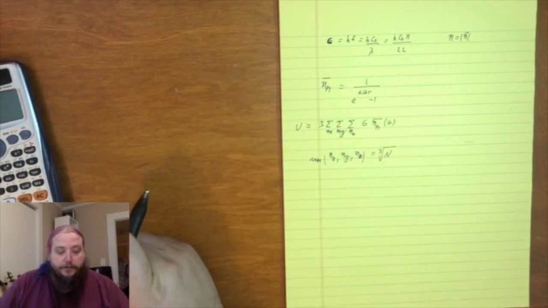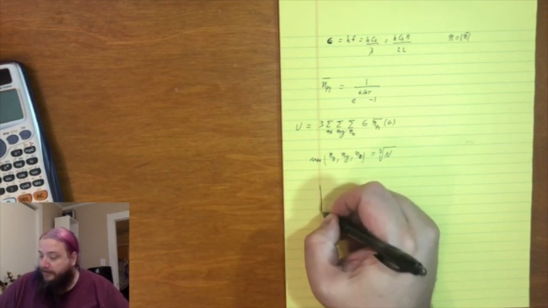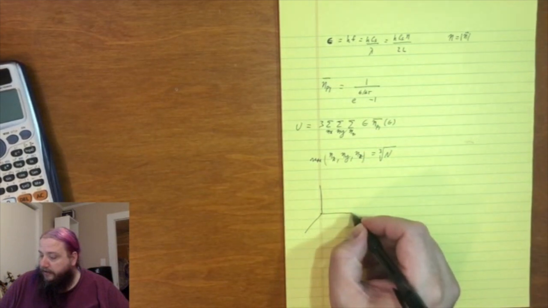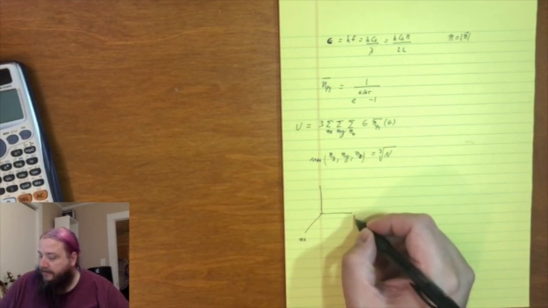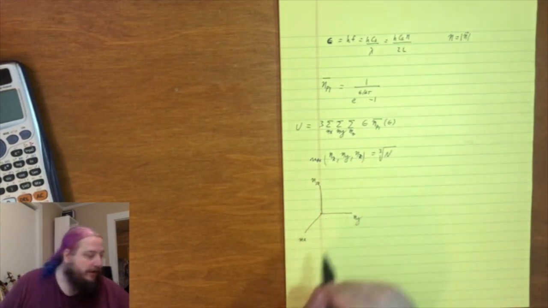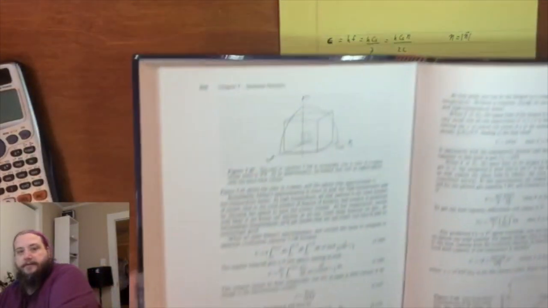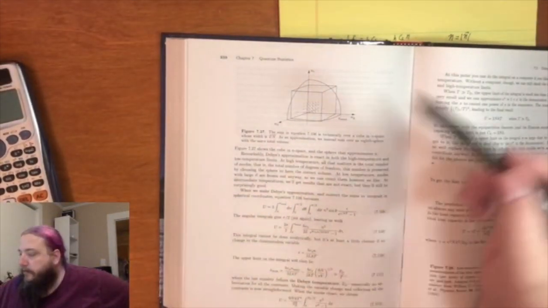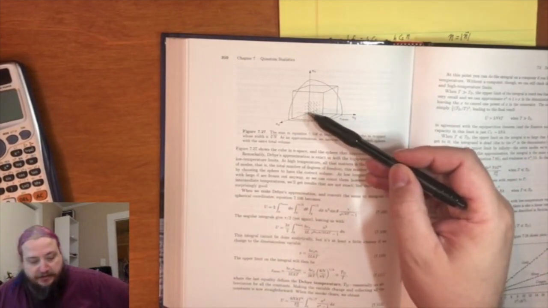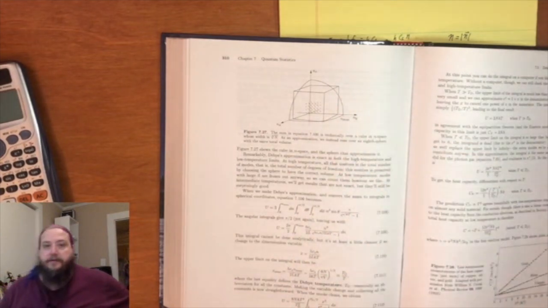And Debye's solution was to go ahead and integrate over spherical coordinates. So do that same 1/8 of a sphere that we saw before in nx, ny, and nz space, right? Now our real states here, if we look at this diagram from the book, they are going to be arranged along that grid, right?